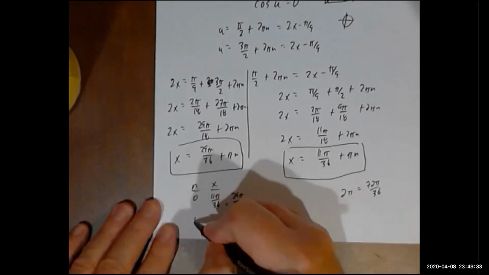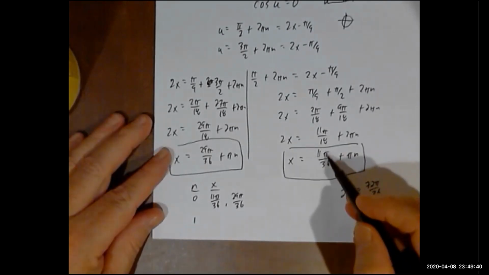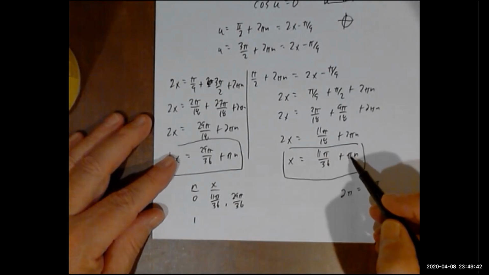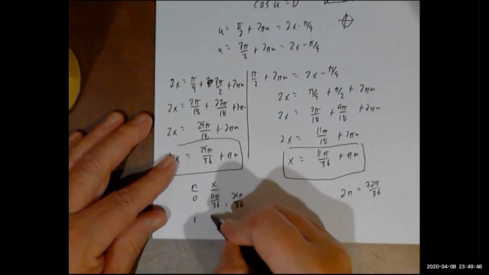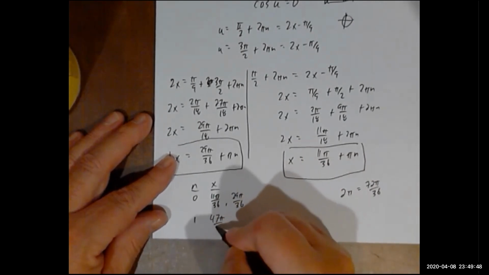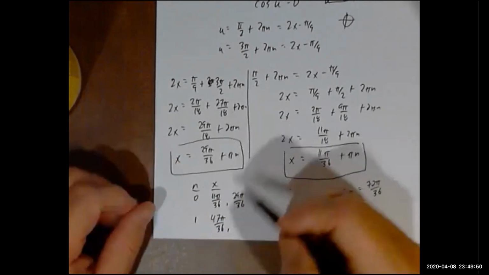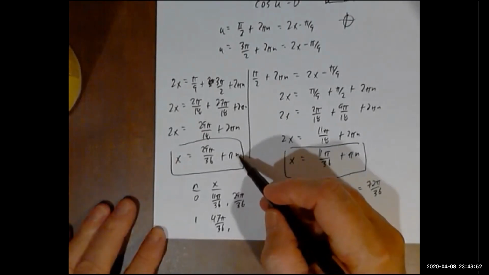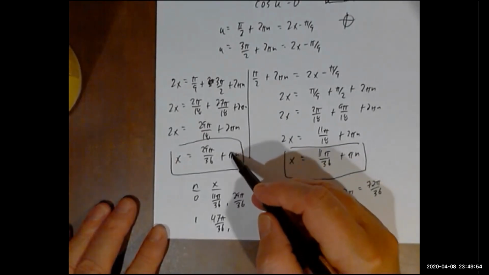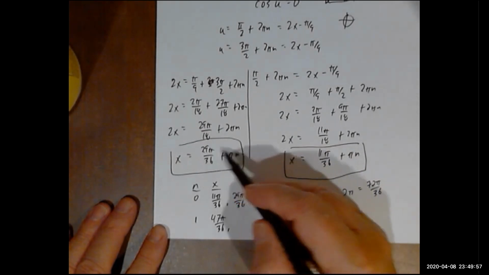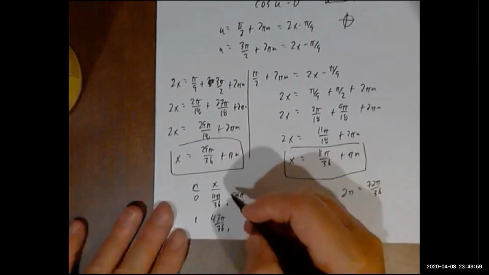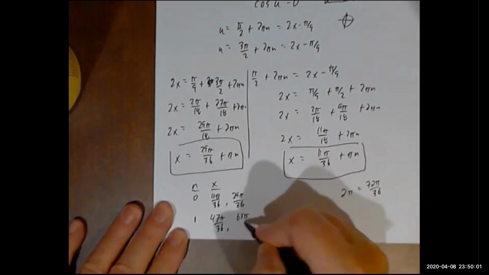So now I set n equal to 1. I do the same thing. So now I have 11 pi over 36 plus pi. If you change the pi to 36 pi over 36, I think you end up with 47 pi over 36. You plug in 1 up here, you're going to get 36 pi plus 29 pi, 65 pi over 36, I hope, in my head.